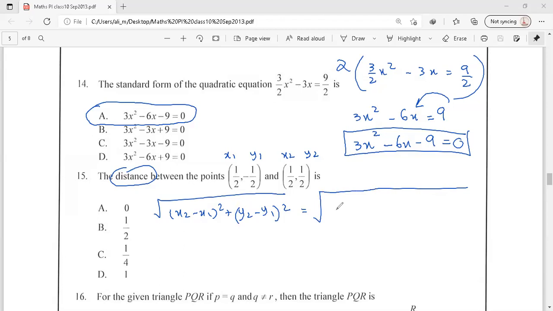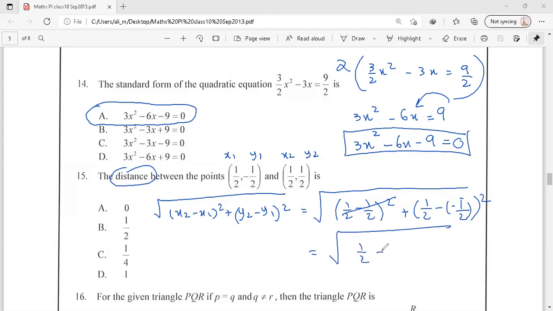So if we simplify, put the values of x1, y1 and x2, y2, x2 minus x1 will be 1 over 2 minus 1 over 2 whole square plus y2 minus y1 will become 1 over 2 minus 1 over 2 whole square. So this will become 0, and 1 over 2 plus 1 over 2 whole square.